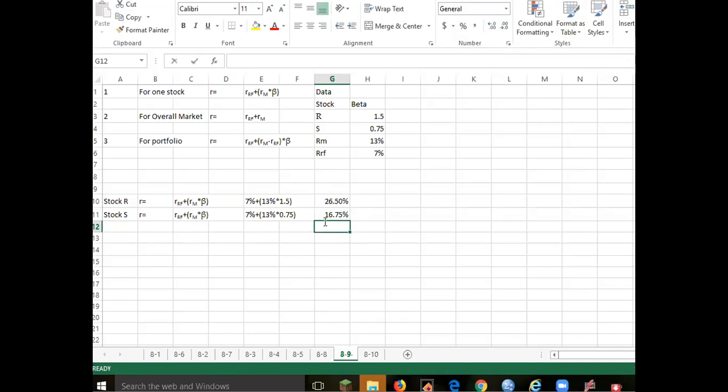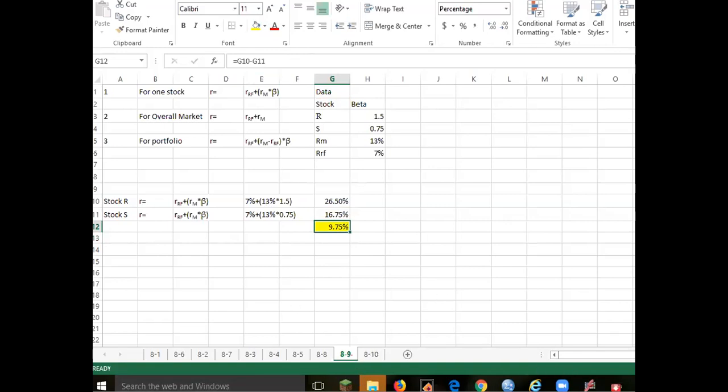So we simply deduct stock S's return from stock R's return, G10 minus G11. So the difference is 9.75. So 9.75 is the answer.